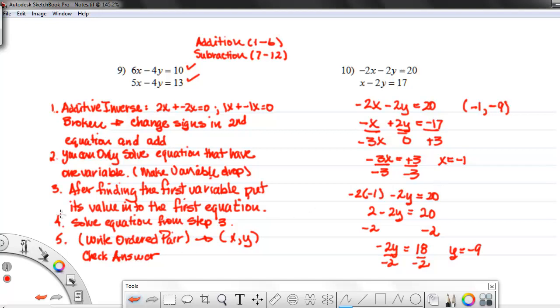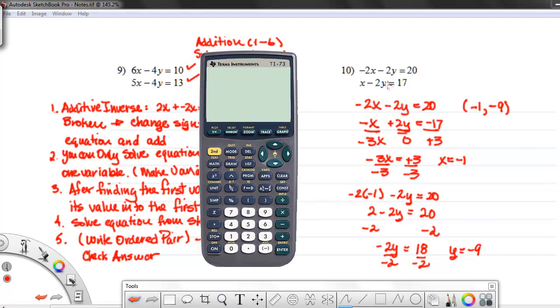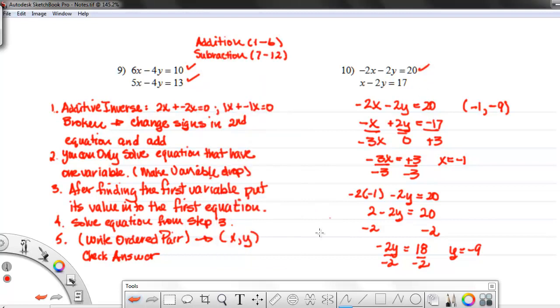Now next we want to go ahead and check our answer. For the first equation of number 10, I have a negative 2, x is a negative 1, I have subtract 2, and then I'm putting a negative 9 in. Remember to use parentheses when you're substituting a variable into your calculator. And I get 20. That one works.